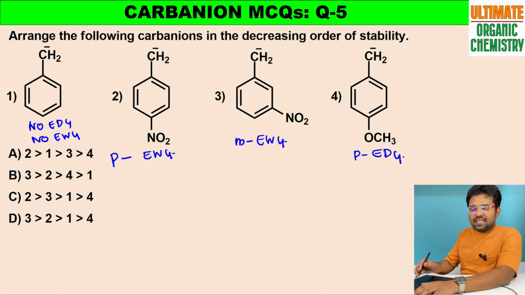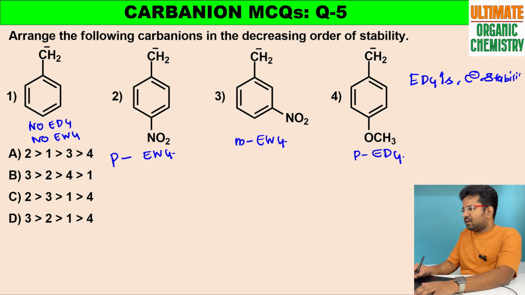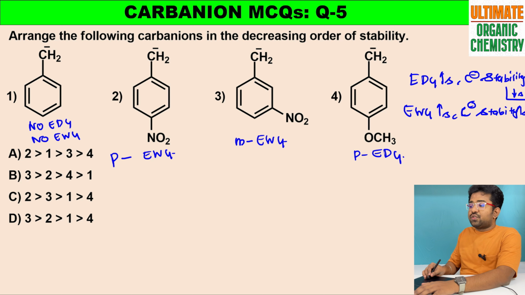Now, as I already said, when electron donating group increases, carbanion stability decreases, whereas when electron withdrawing group increases, carbanion stability increases. So if we apply this rule, 2 and 3 will be more stable.